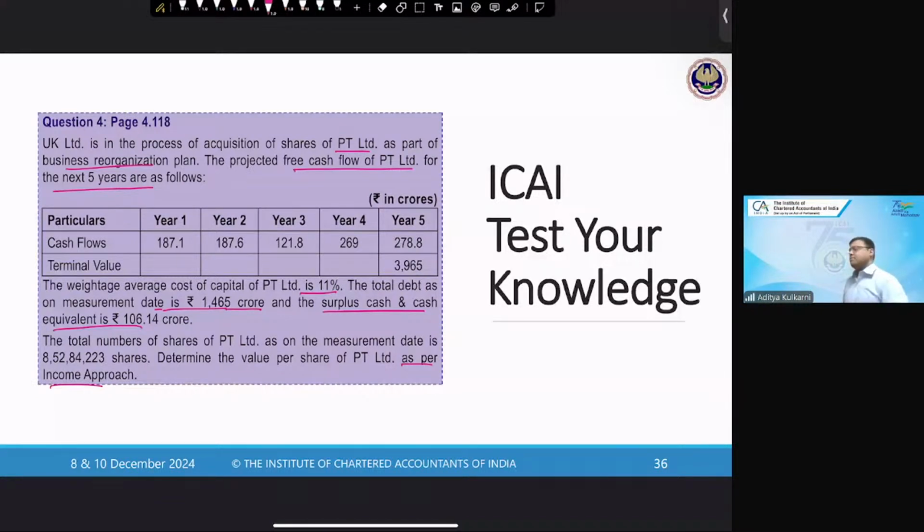As per income approach. Did you understand the question? Yes, sir. Anybody has any doubts in the question?